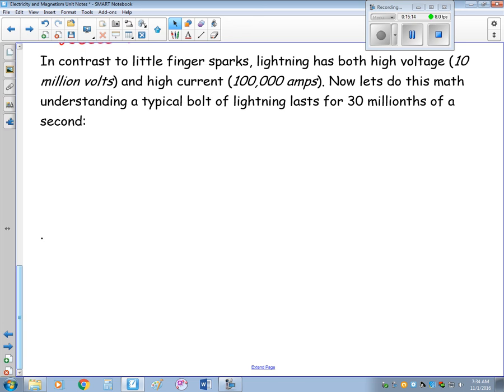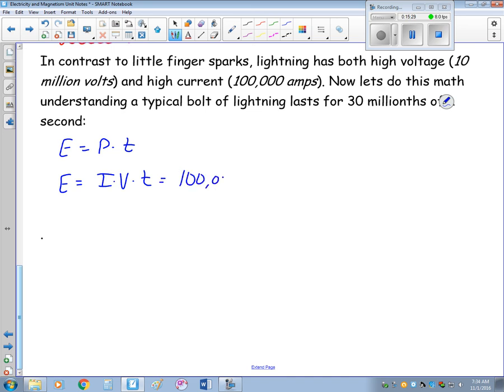Energy equals power times time. Power is current times voltage. So I take that and multiply by time. The current is 100,000 amps. The voltage is 10 million.